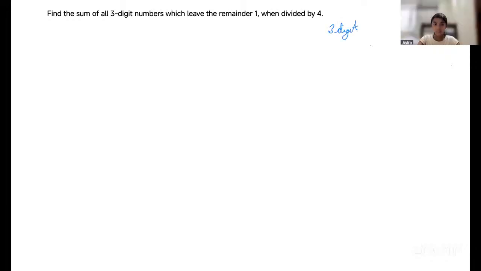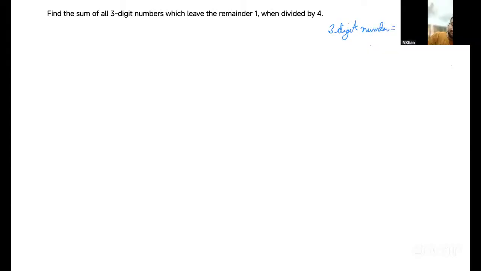See, what are the three-digit numbers first of all, Ira? 100 is three digits: 1, 2, 3. And if it is divisible by 4, it is completely divisible. But the question says that you should have remainder 1. So 100 is completely divisible, and if I say 101, it gives a remainder of 1.